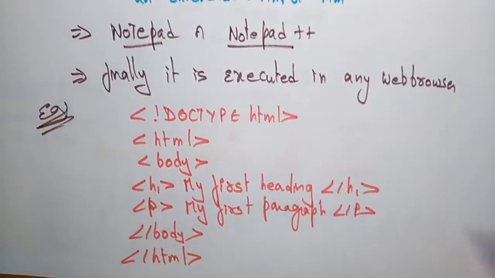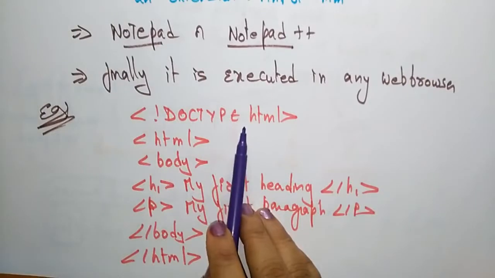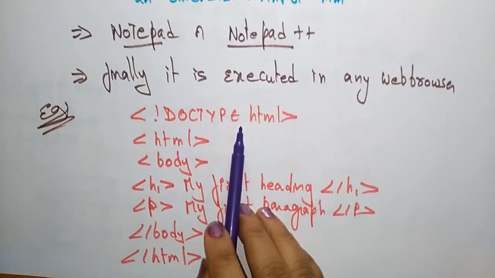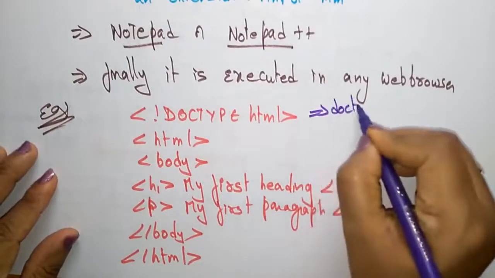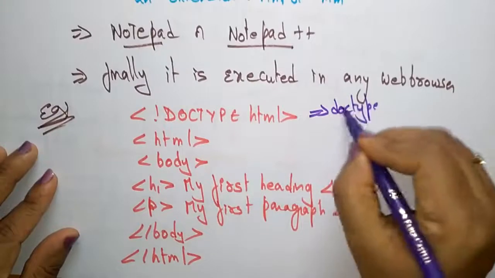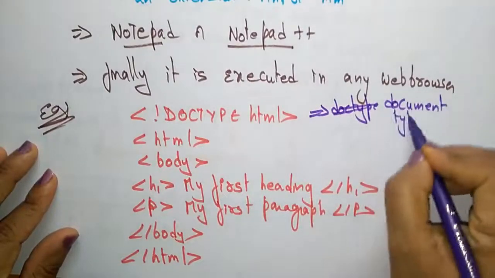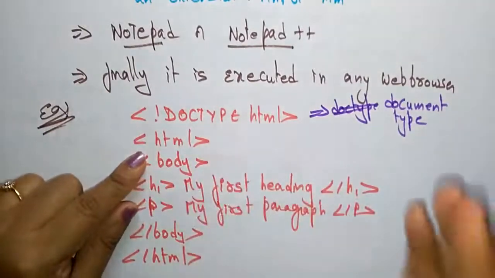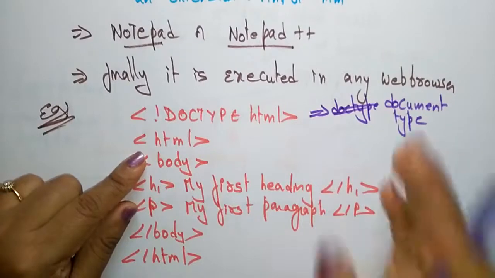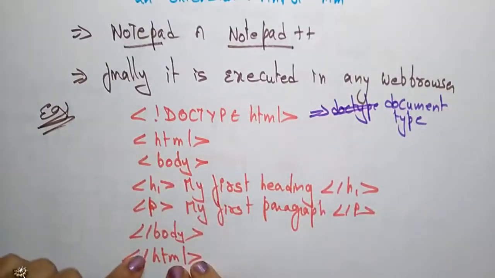So what do these tags represent? The doctype HTML is just a declaration defining the document type of the text we are writing. Whatever statements you write should start with the open tag and end with the close tag.